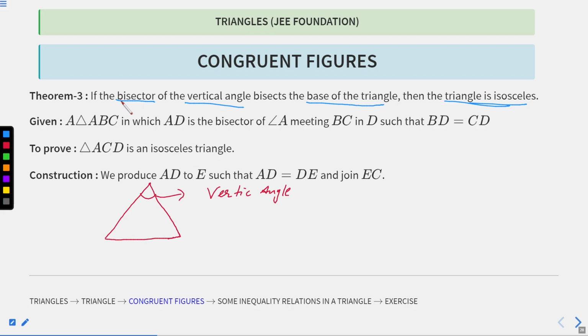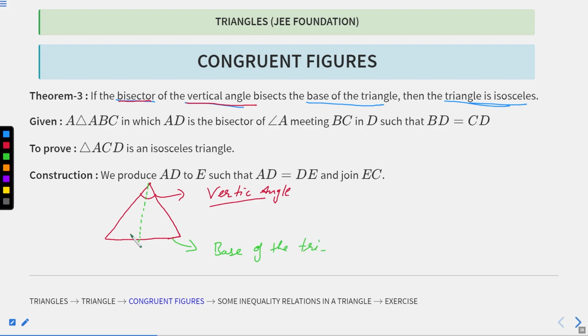If the bisector of the vertical angle, so let me draw the bisector of the vertical angle. Bisector means dividing this angle into two equal parts. So this is my bisector, and this bisector will intersect the base of the triangle.